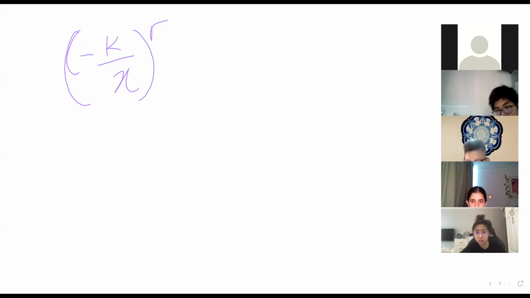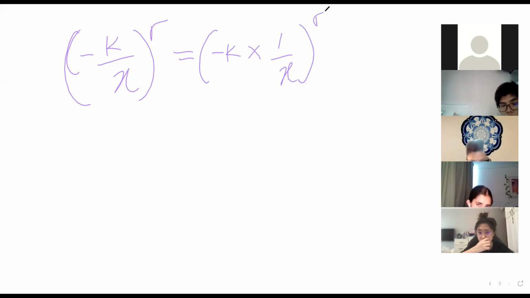Miss Cadena, this is the one. So what I was saying is this would be minus k times 1 over x. So when we separate, minus k raised to the power r, 1 over x to the power r.